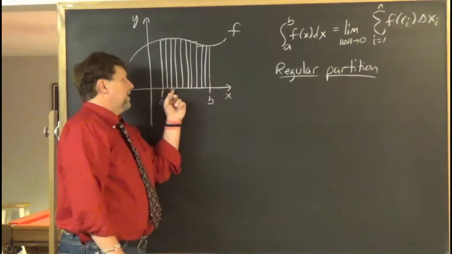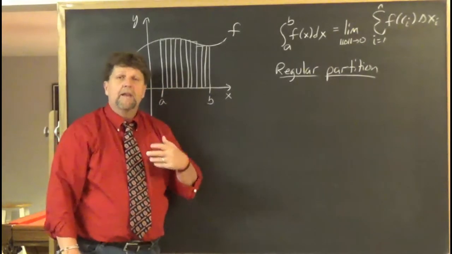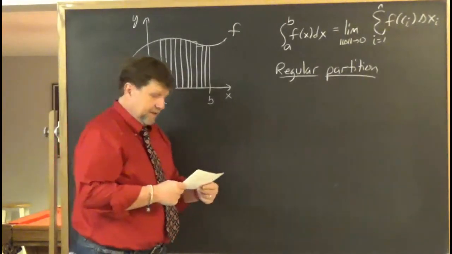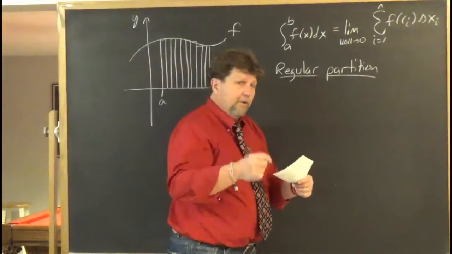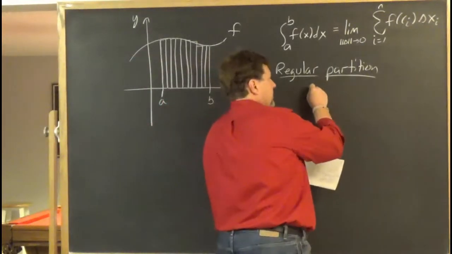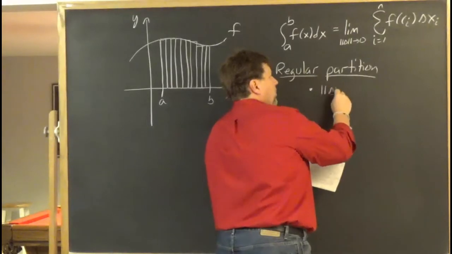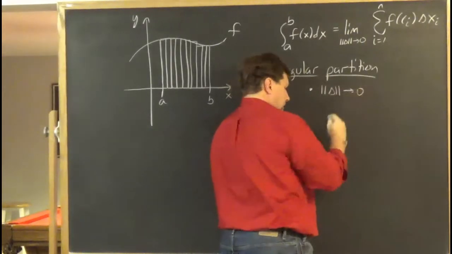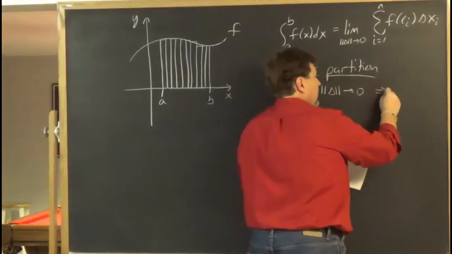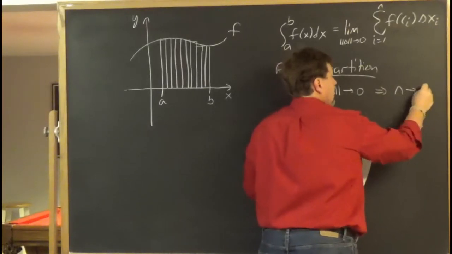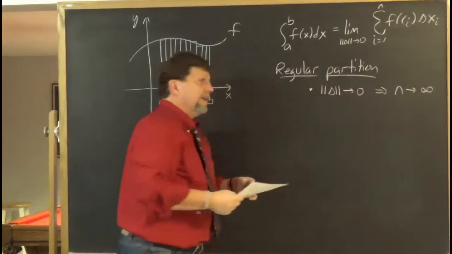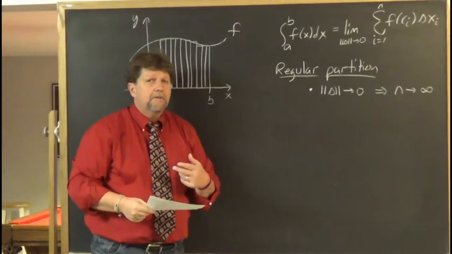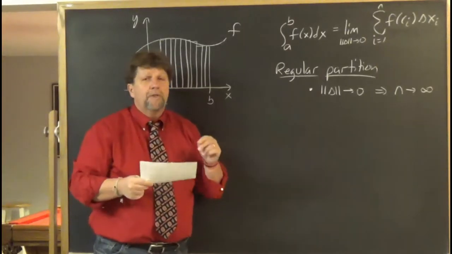That's what a regular partition is. If you have a regular partition, when norm heads off to 0, then n is heading off to infinity. And you can think of n as being the number of rectangles. This is only true with a regular partition.